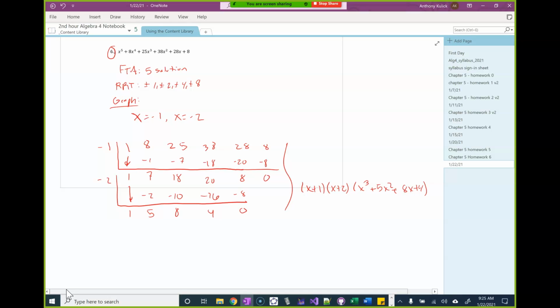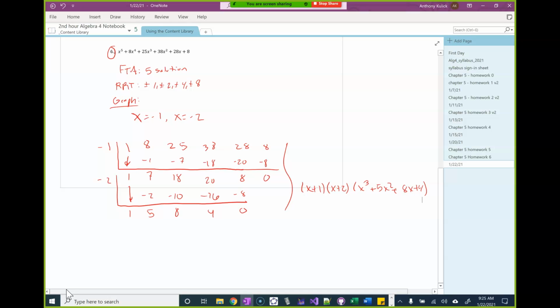So let's think about some of the holes in our method right now. Using synthetic division, we can't detect imaginary things. So it's possible this just has a bunch of imaginary parts to it that we can't do anything with that basically make that part unfactorable. The other piece that we can't detect are the multiplicities.